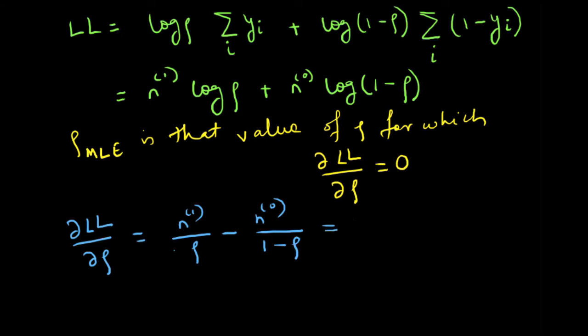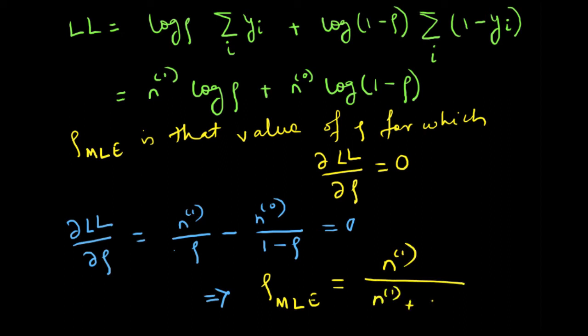What you finally get is the MLE estimate, which is nothing but n of 1 divided by n of 1 plus n of 0. Fantastic. So we have found the maximum likelihood estimator for our rho, which was the probability of getting a head.